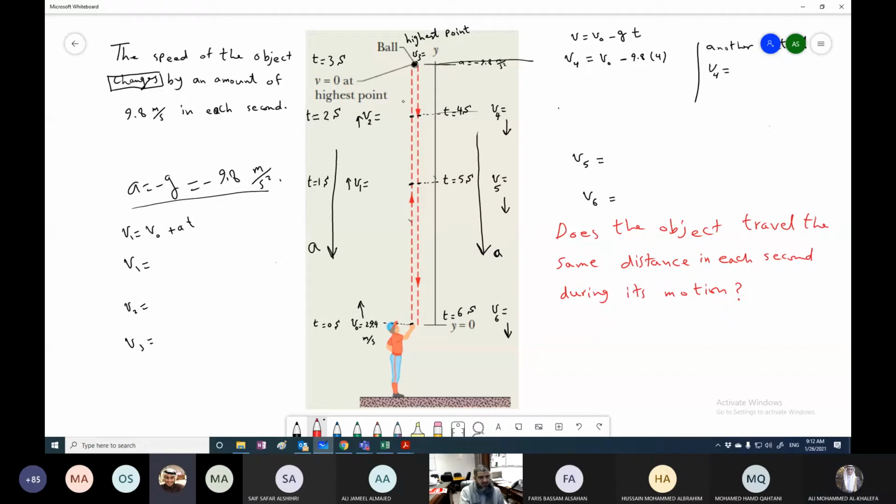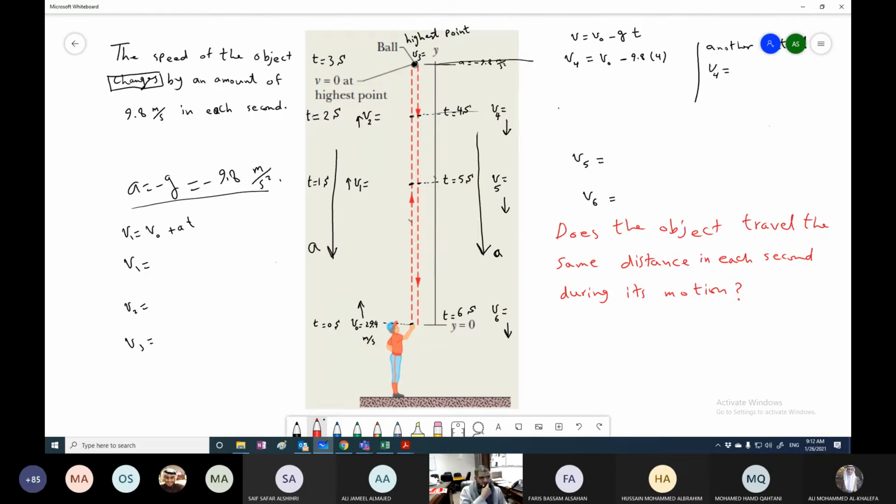Can we consider this motion to be a free fall? Yes, even when it is moving up, it is called a free fall. Even when it reaches the highest point and stops momentarily, it is a free fall. When it comes down, it is a free fall. So the whole trip is considered to be a free fall.